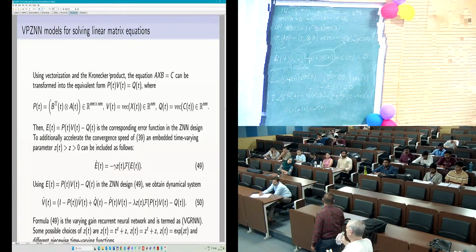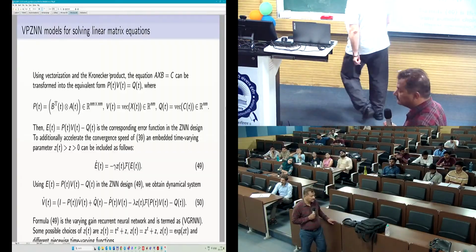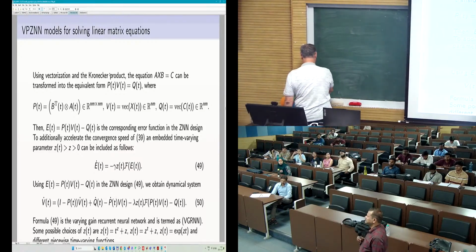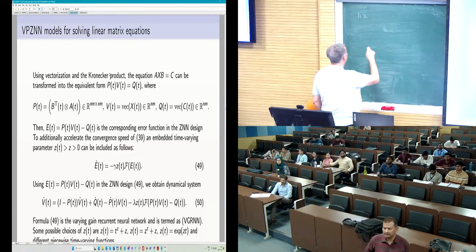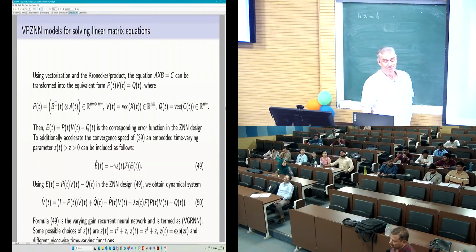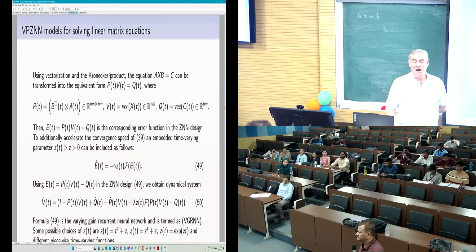If the system is rectangular in the time varying case, ZNN will work when the system is rectangular, whether overdetermined or underdetermined: we pad with zeros and make it square.